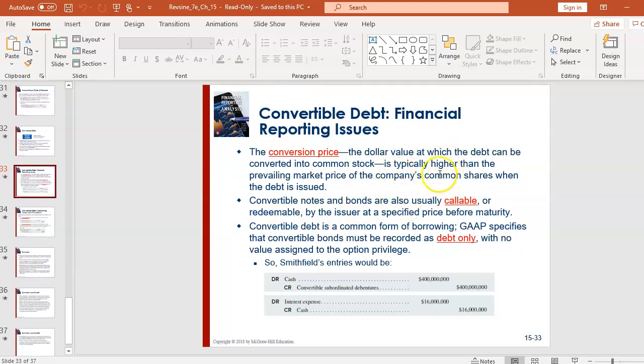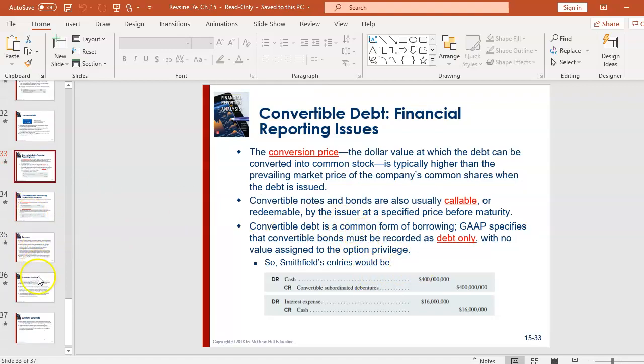Okay. Also, notes can be callable or redeemable before maturity as part of the contract when these kinds of securities are issued. So that's always something that might happen. Convertible debt is a common form of borrowing. GAAP specifies that convertible bonds must be recorded at debt only with no value assigned to the option privilege.